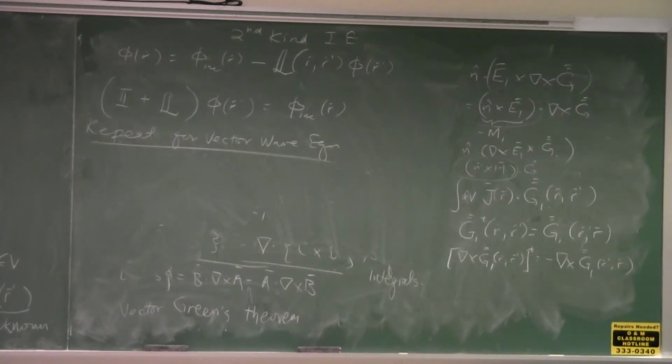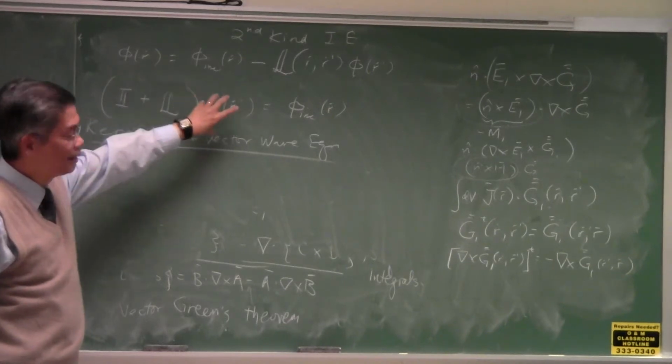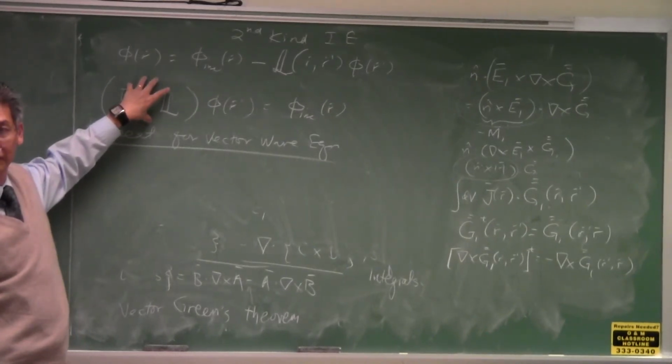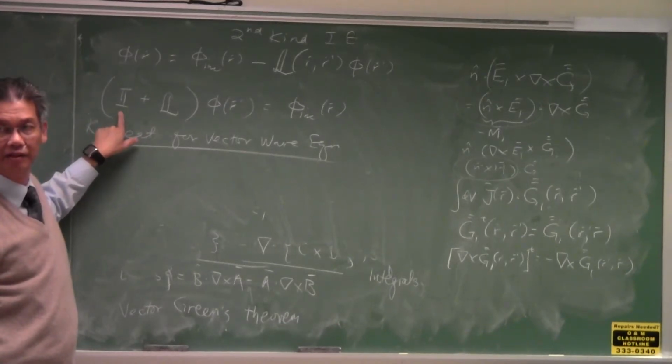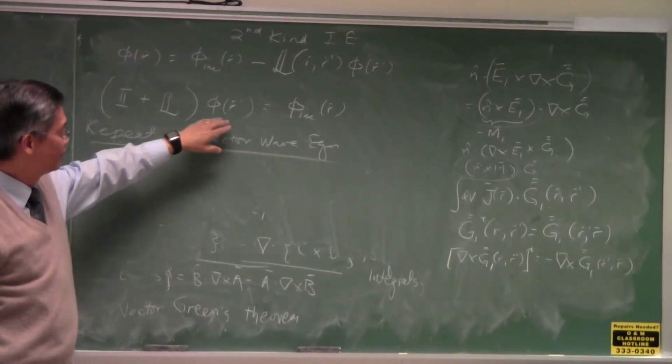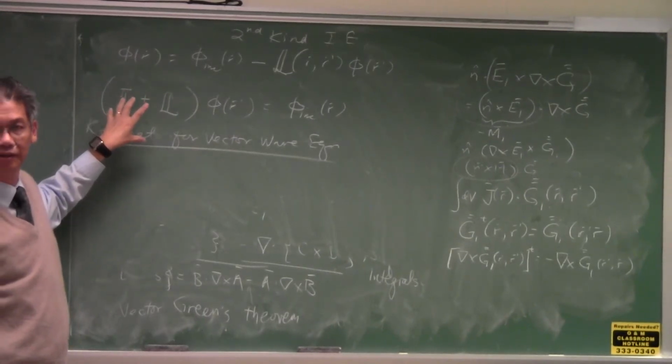The mathematicians sometimes define the second kind integral equation quite differently from us. They will define the second kind integral equation where you have an operator here, where the domain space of this operator and the range space of this operator are the same, because this is an identity operator. Whatever you have in the domain space will also be in the range space.